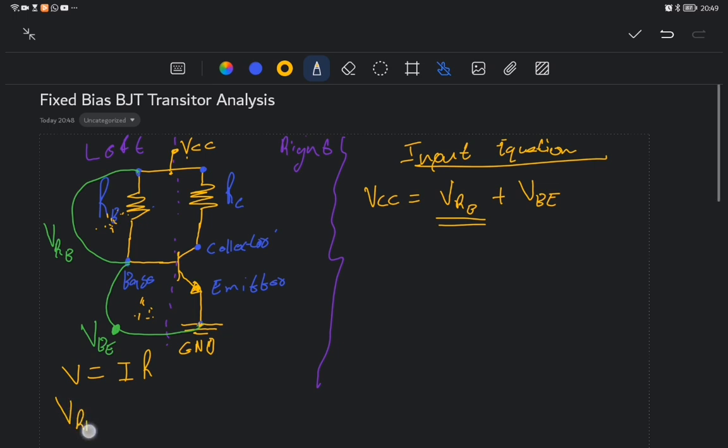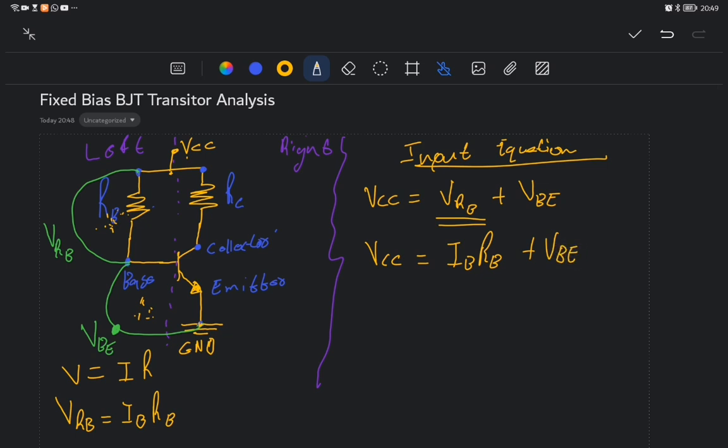Therefore, VRB is equal to IB RB. So I can write VCC is equivalent to IB RB plus VBE.